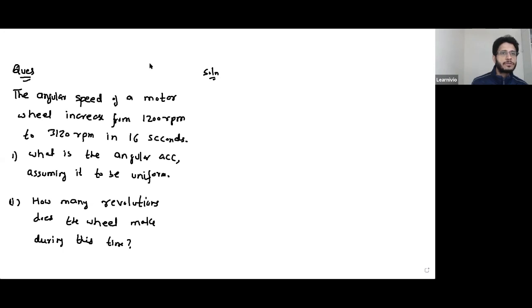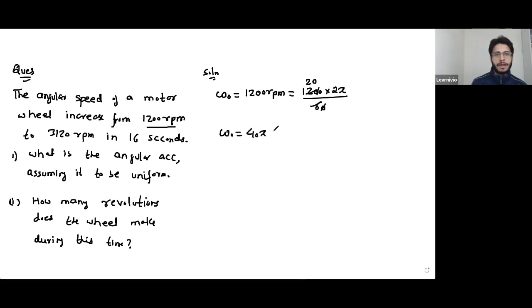If I take the first one, this 1200, this is omega naught, which is 1200 RPM, which is 1200 into 2 pi per minute divided by 60. It gets cancelled out, right? So it's 20. So your omega naught is 40 pi radian per second.